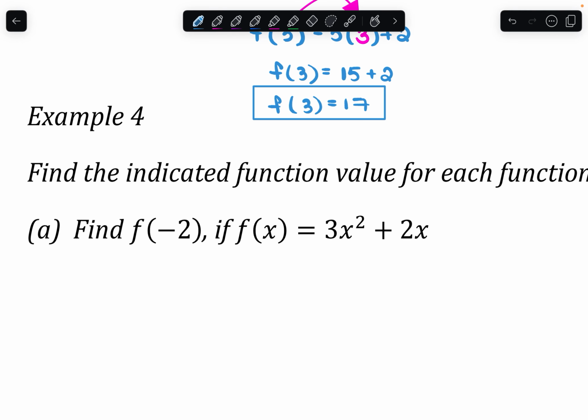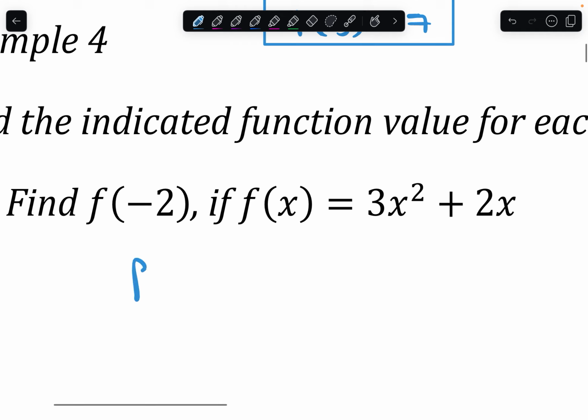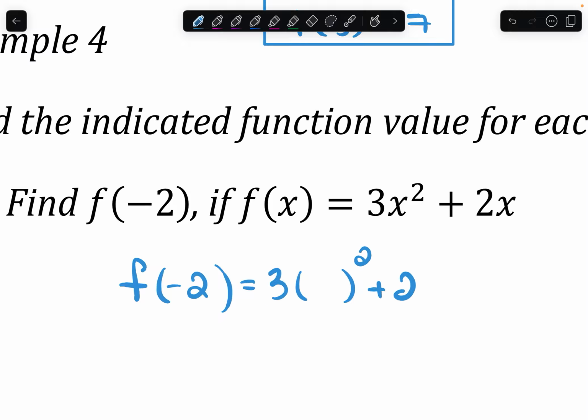I get my template. f of negative 2 equals 3 bubble squared plus 2 bubble. Even when you have more than one x, every x is going to get replaced. So this negative 2 is going to go in both places where the x was.